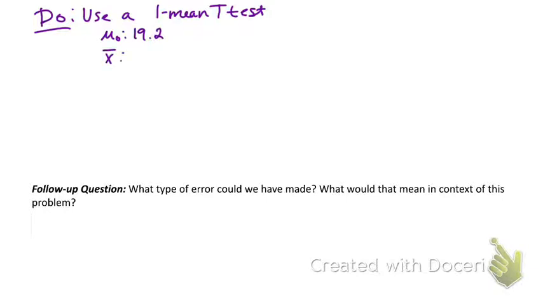Second question, what is x bar? What was the sample mean? 19.28. S sub x, what is the sample standard deviation? 0.81. N, what was the sample size? 75. And what is our alternative hypothesis? Mu does not equal the claimed value. Perfect.